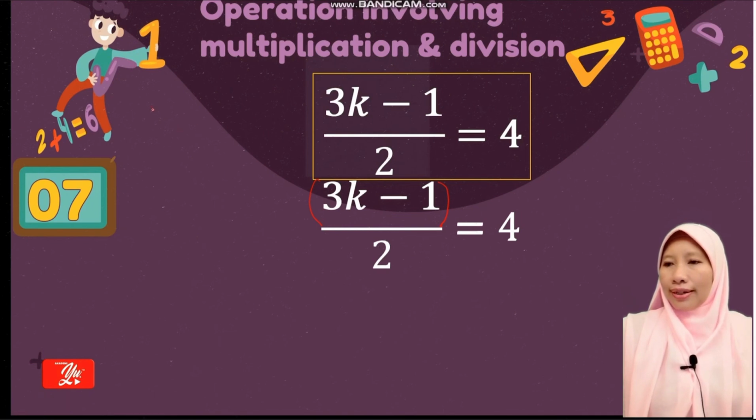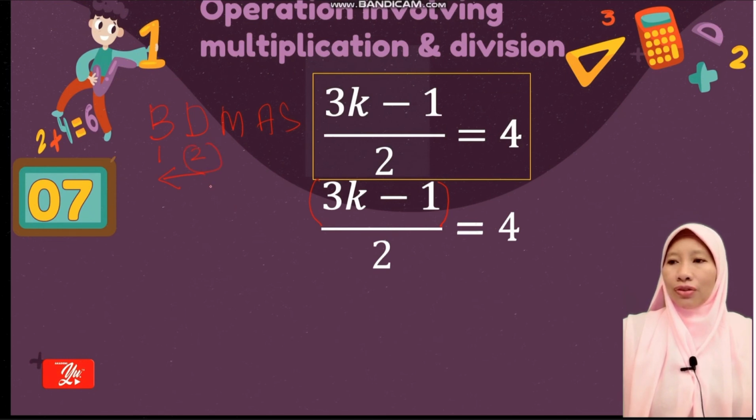So remember, in BODMAS, you do bracket first and then division, then multiplication, addition, and subtraction, the last one. So here you do the bracket first and then followed by division. Then when we reverse, we do the division first.